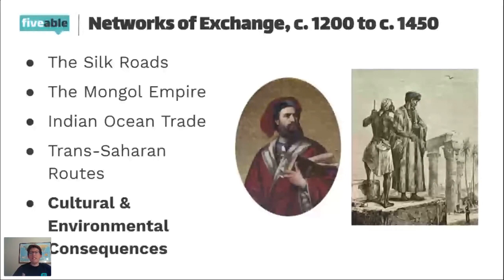We also see this cultural interaction. We have a great number of records of this cultural interaction because of travelers in this time period. And there are a lot of these travelers that come up in AP World. Two of the ones that you probably heard most about are Marco Polo, Italian traveler from one of the Italian city-states. I can't remember which one.